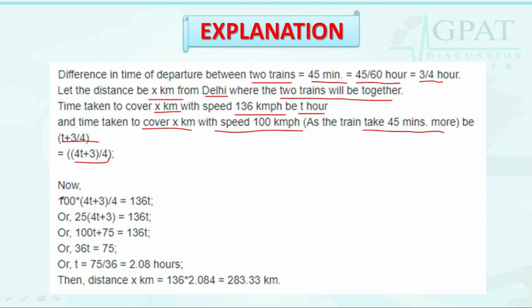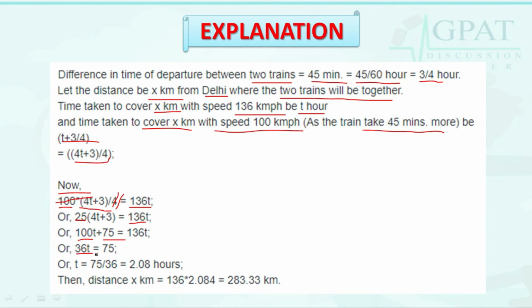Now, with the help of calculation, 100 into t plus 3 by 4 is equal to 136t. Cutting by 4, the 25 came, so 100t plus 75 is equal to 136t.